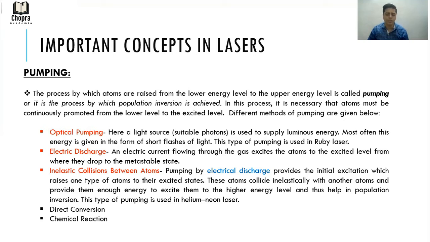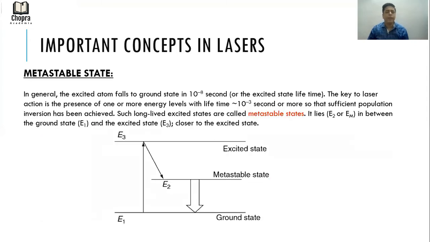The next very important concept is the metastable state. As we know, in general, the excited atom falls to the ground state in approximately 10 to the power minus 8 seconds, which is also called the excited state lifetime.